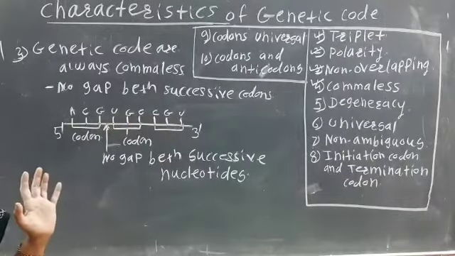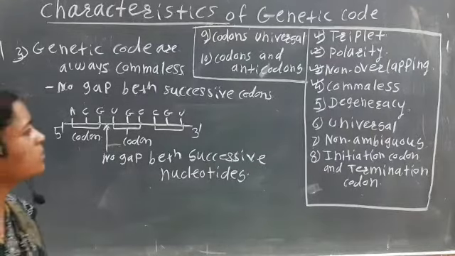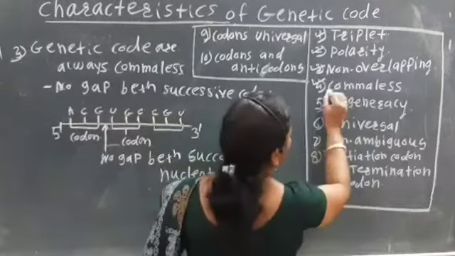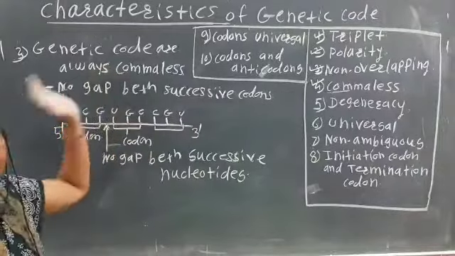Okay, so in the genetic code, there is no gap between the successive codons. So the genetic codes are commaless. Genetic code कसे आहेत? Commaless आहे.